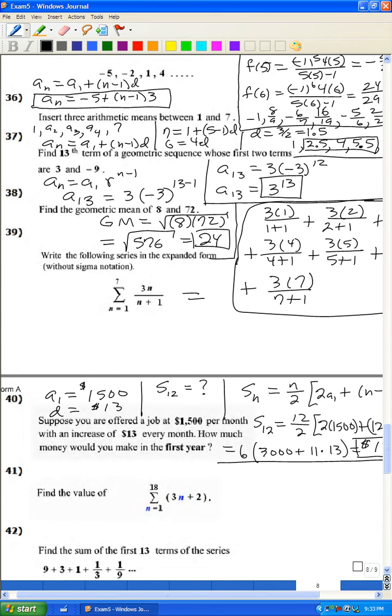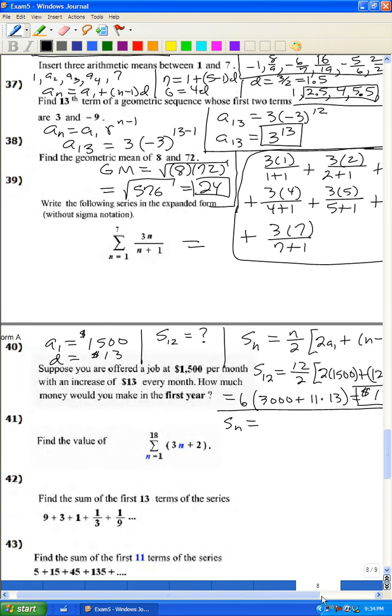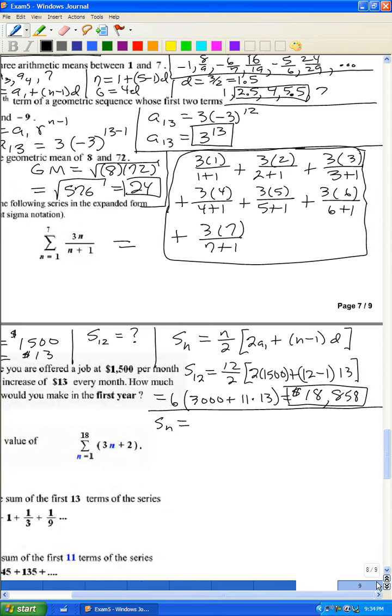Let me do problem number 41. Let's add this sum. I know that this is an arithmetic series, so it's n over 2 times a1 plus an.